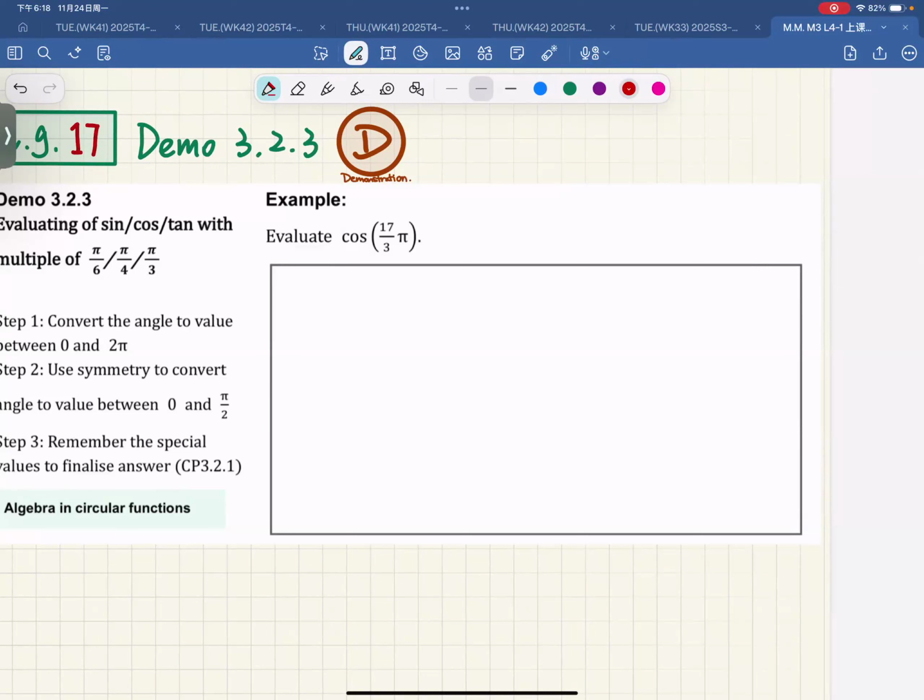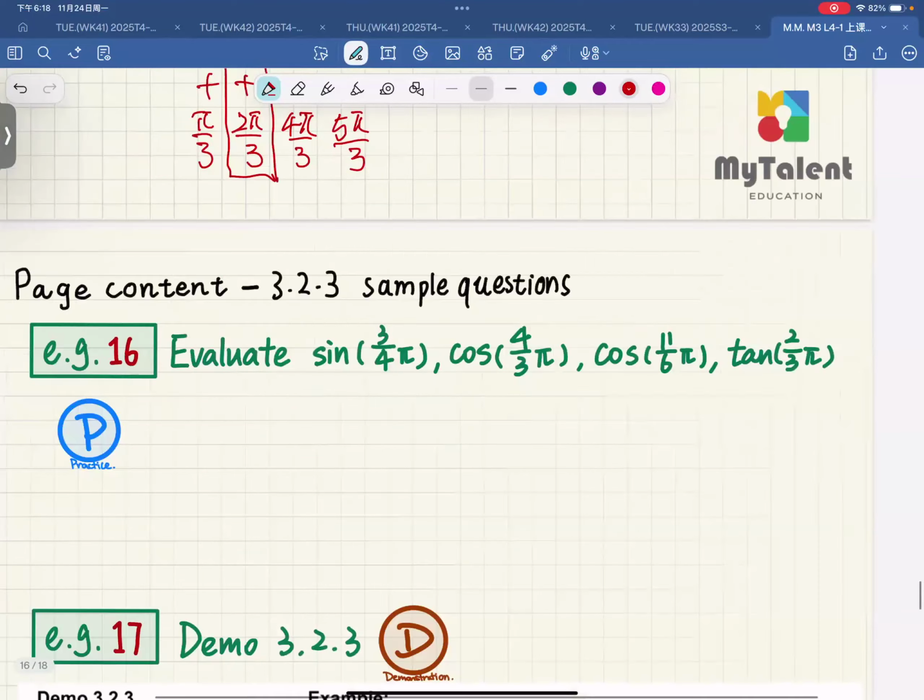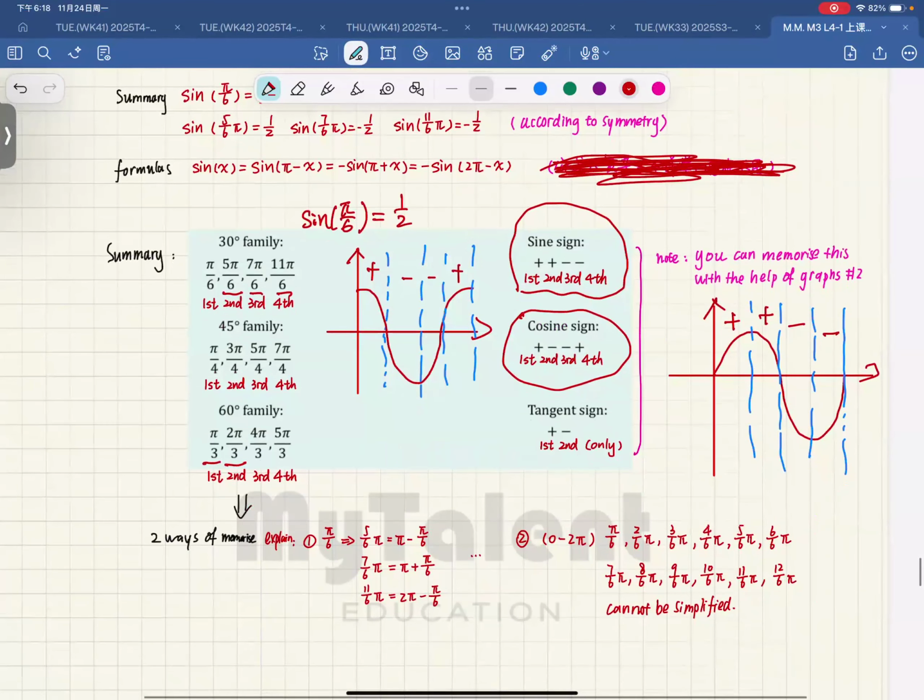Okay, the question is: evaluate cos 17 pi on 3. And that's the table, I'll leave the table here.